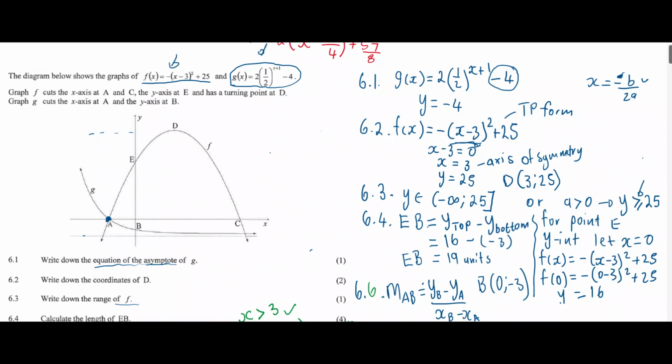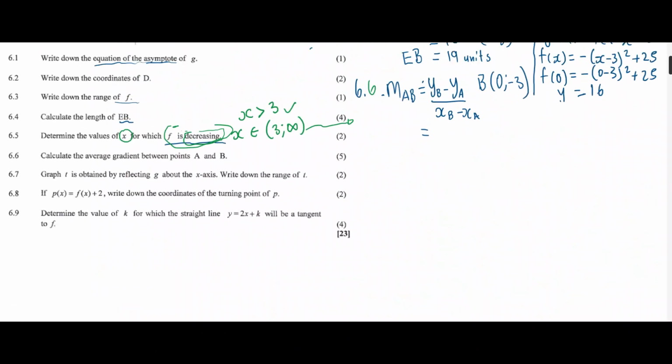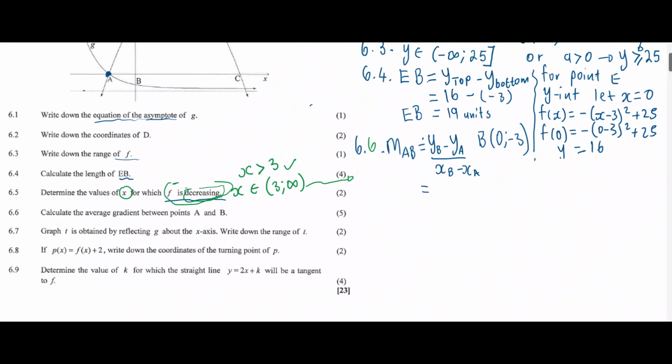So we can use either of the functions. We can either use the f of x or the g of x function, right? But let's use the f of x function for that specifically, just for the sake of simplicity, right? So at that point there, it's just the x-intercept for both the functions, right? So we will use the f of x function, which is minus (x minus 3) squared plus 25, right?